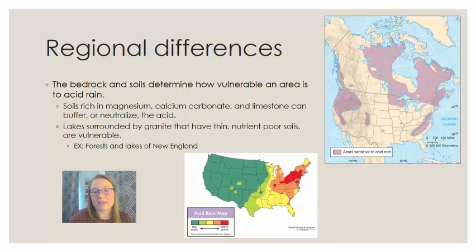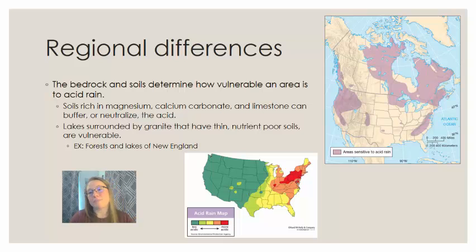If there is a lot of magnesium and calcium carbonate and limestone in that soil, it has the ability to buffer or neutralize that acid, so then we are not seeing these severe impacts. However, if you have a lot of granite in the soil, you're going to have very thin, very nutrient-poor soils, and these are particularly vulnerable to acid deposition.